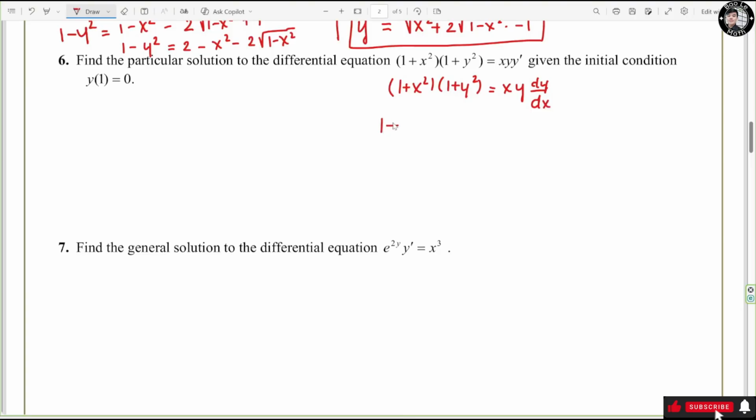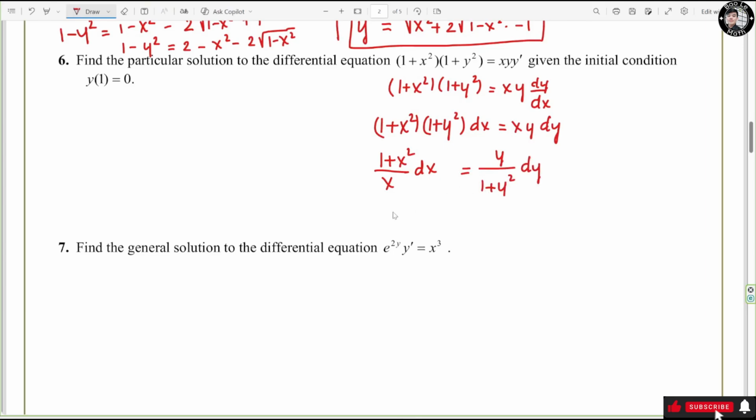So I have 1 plus s squared times 1 plus y squared ds equals sy dy. So I'm going to divide both sides by s and divide both sides by 1 plus y squared. So I have 1 plus s squared over s ds equals y over 1 plus y squared dy.